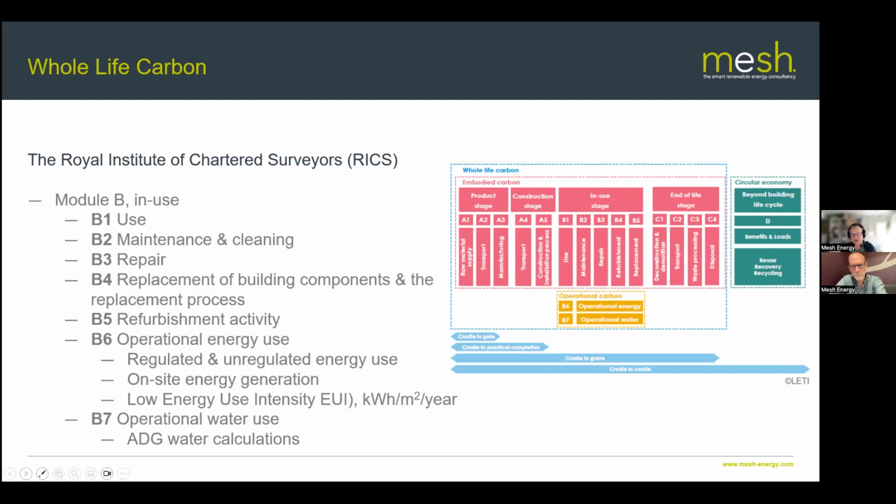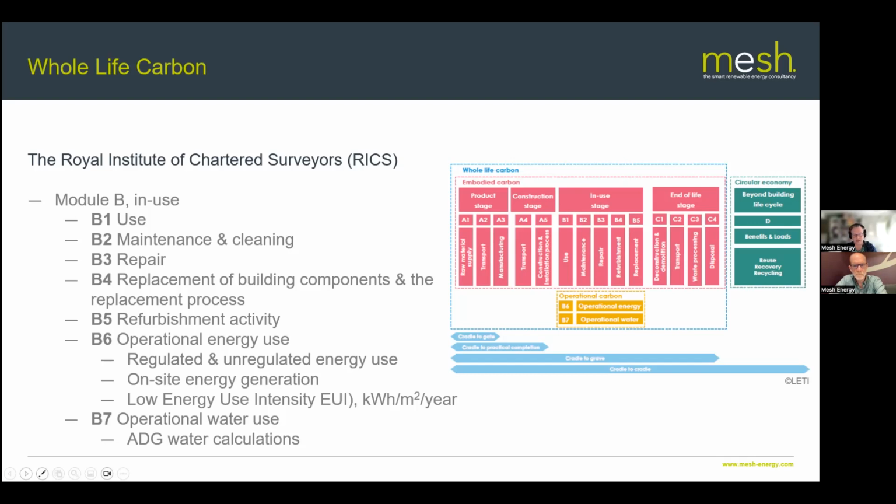And then also we've got in there allowances for refurbishment activities. So it can be refurbishing elements of the external or internal finishes, and also refurbishment of doors, replacement of windows, and so on and so forth. And then alongside this, we've got the operational energy use.